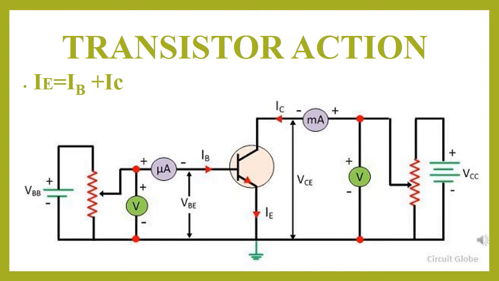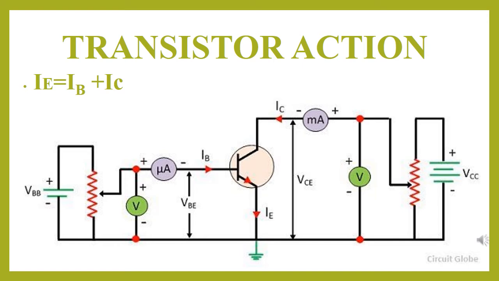We have connected this NPN transistor in common emitter mode. We have rotated it in such a way that the emitter is downward. Now the emitter and base junction is forward biased, the collector is N-type and the emitter is also N-type, and the collector to emitter junction is reverse biased. Now we want to measure the potential between base and emitter, which is VBE.